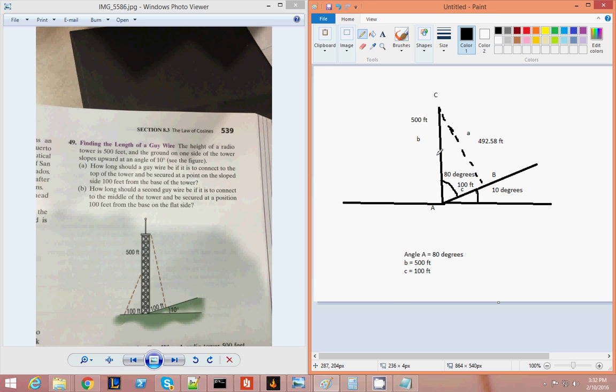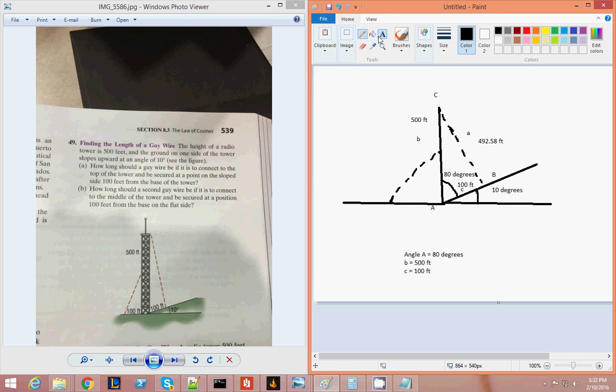So we have 100 feet away from the base. So now we have a 90-degree triangle here. As you can see, there's no slope.